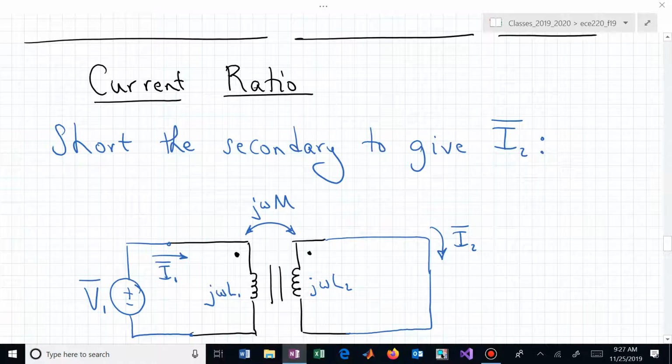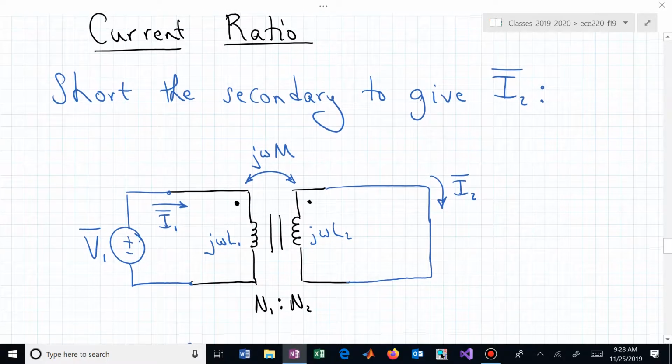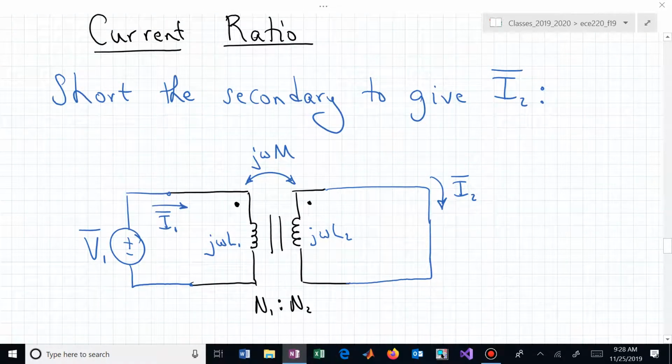Let's now look at the current ratio. To do that, we need to get a current in the secondary side. Let's short the secondary to produce a current in that side. If we now have coils on both sides, we have voltage on the secondary side due to not only the self-inductance, but also the mutual inductance.